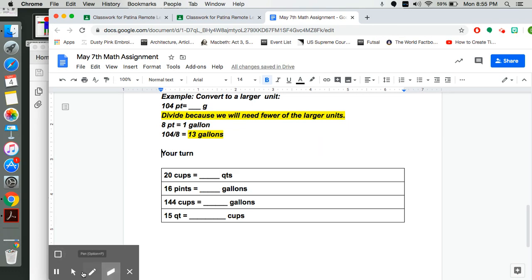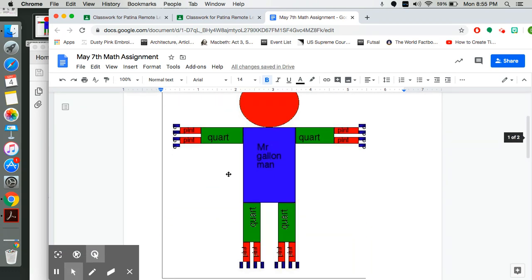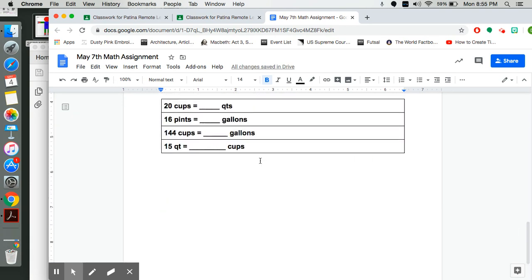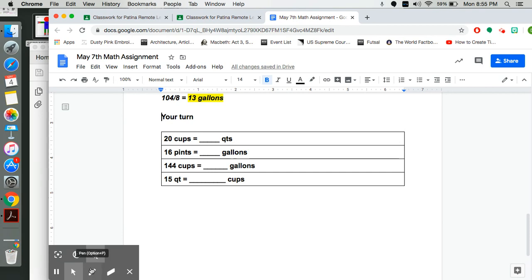Let's try another one. 16 pints. So let's decide what's bigger, pints or gallons. So pints are small and I'm changing it into gallons. Oh boy. So I'm going from small to big here. So small to big, I divide.